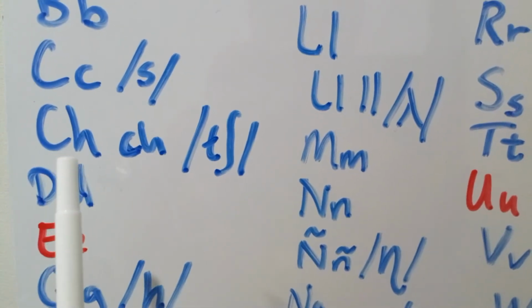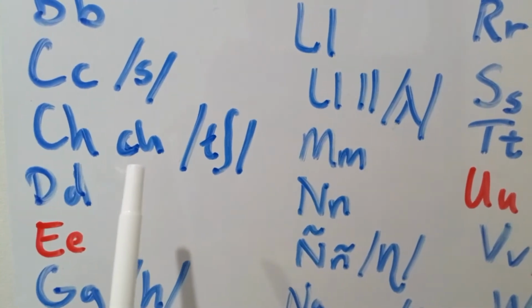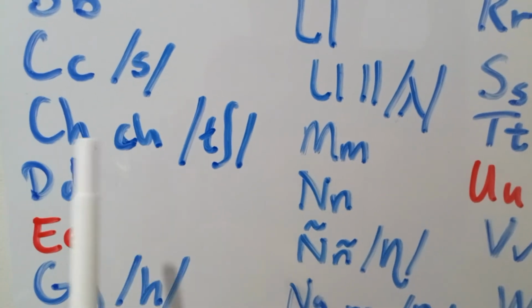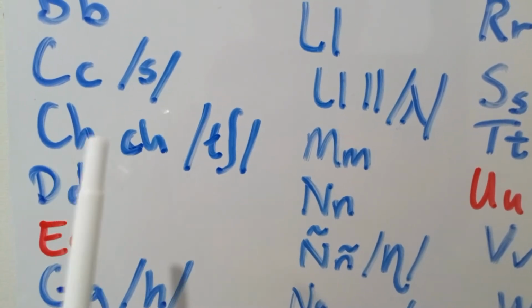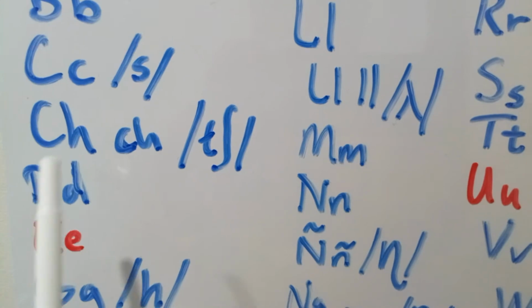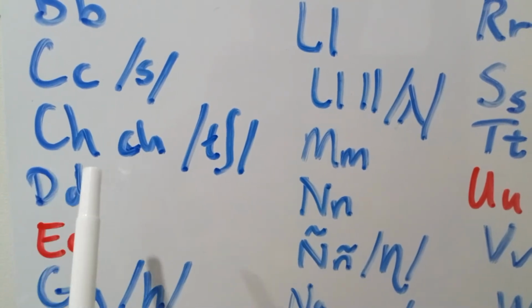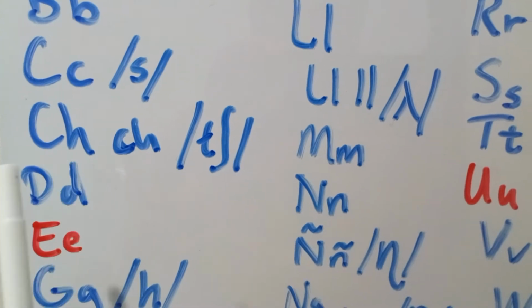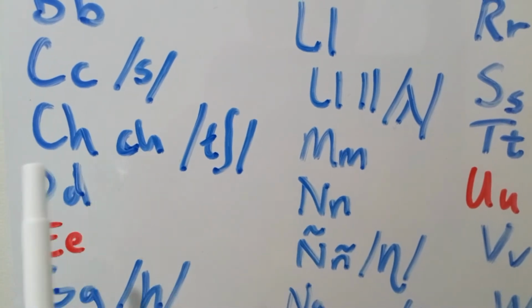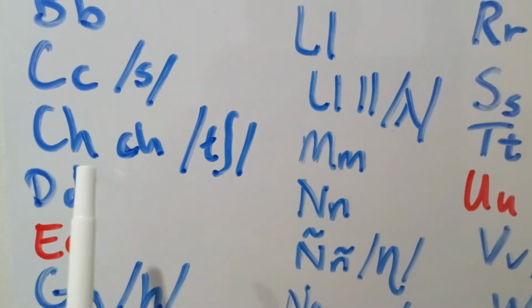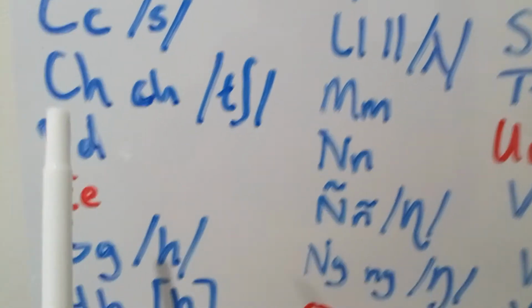So we have the capital form and the lowercase or minuscule form, right? And that's the same with every double letter that we have in Chavacano. The first letter is always capitalized, followed by the second letter in its lowercase form. Again, you'll never see both of them capitalized unless the entire word is capitalized.